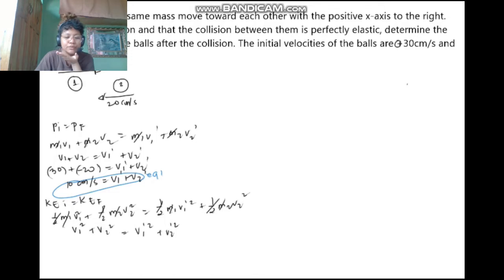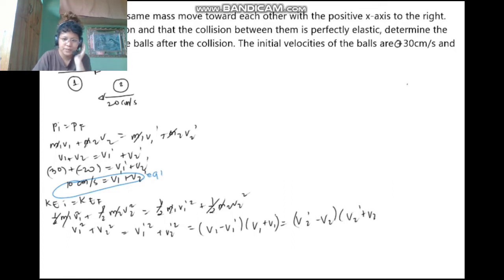And if we're going to rearrange this, grouping the 1's and 2's, we are going to get the factored form: v sub 1 minus v sub 1 prime multiplied by v sub 1 plus v sub 1 prime is equal to v sub 2 prime minus v sub 2 multiplied by v sub 2 prime plus v sub 2.